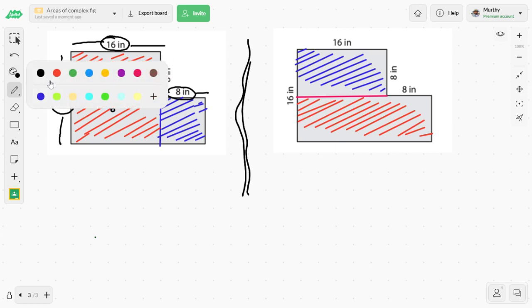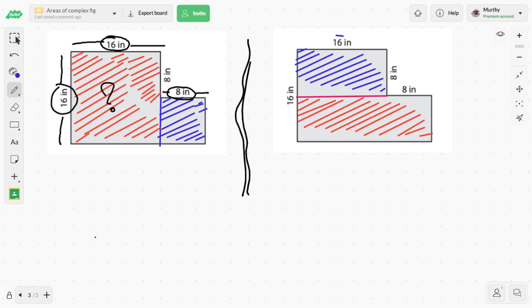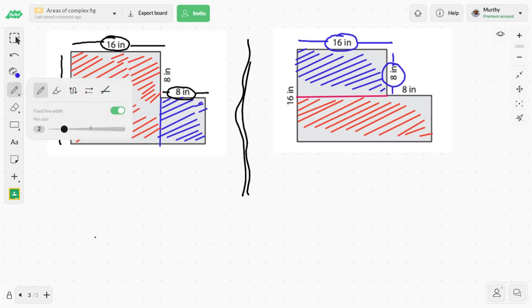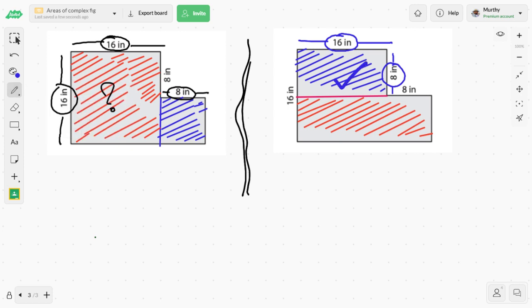The second method is, I see that the length of this blue rectangle is 16 units and width is 8. Therefore, can I compute this one? Obviously yes, because I know length and width, right? Even in the previous diagram, I can compute this one. Then can I compute this one?